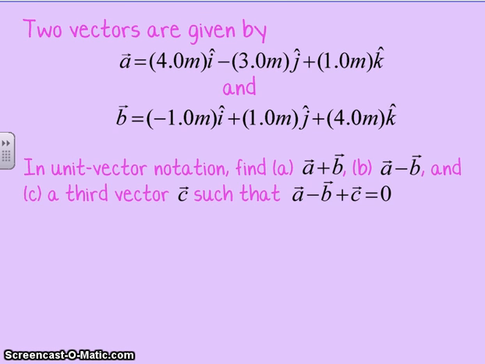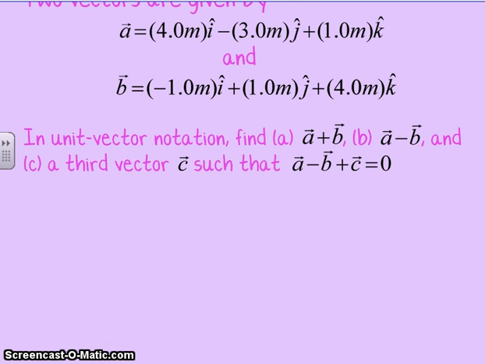We know that when we add vectors, we add their components. We add the x components together and we add the y components together. So for part A here, A plus B, we're going to add together the x components. It's nice because we know which ones the x components are. They're the ones that have the i hats after them. So 4 meters plus negative 1 meters gets us 3 meters in the i hat direction.